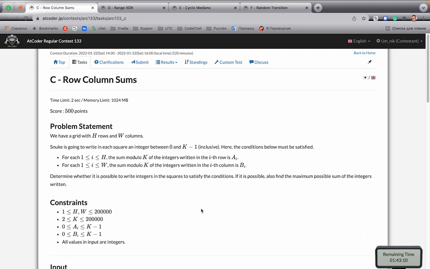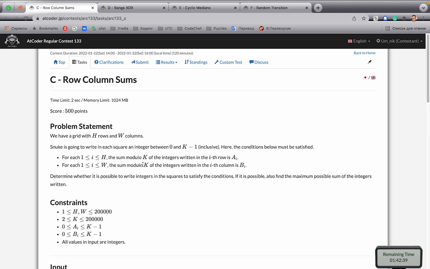In problem C, we want to fill the matrix H times V with values from 0 to k minus 1, and for each row and column we are given the sum modulo k of the elements.